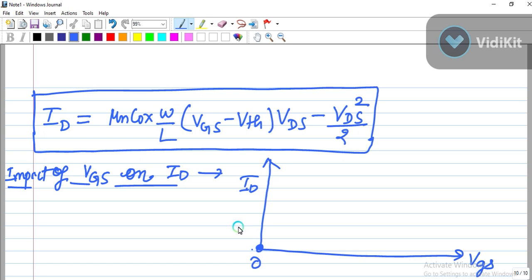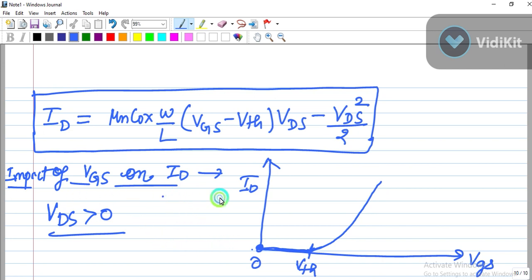First of all, we are considering VDS greater than 0, and up to VTH there will be no current, it is zero. And then when it reaches VTH, it will start increasing like this. So this is the waveform of the impact of VGS on ID.